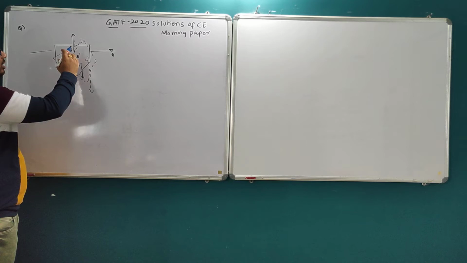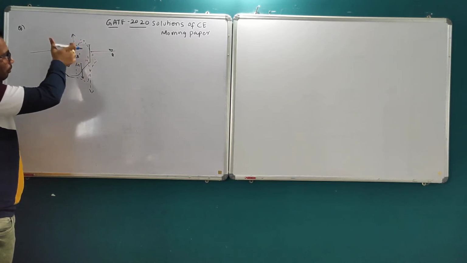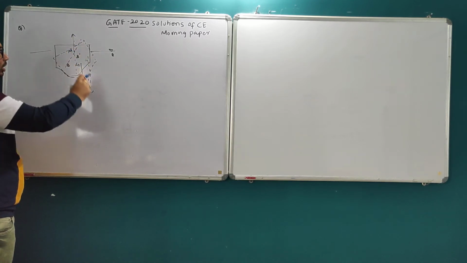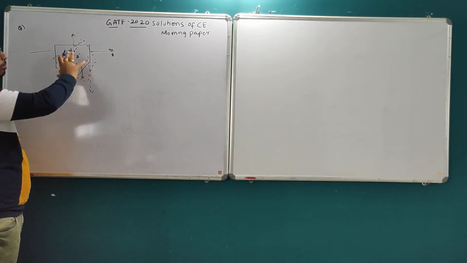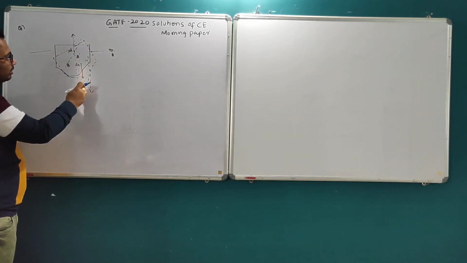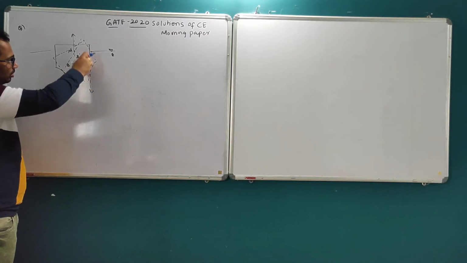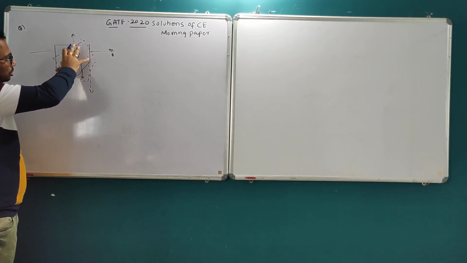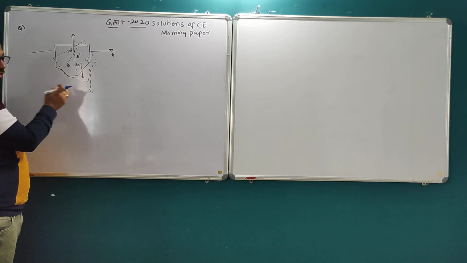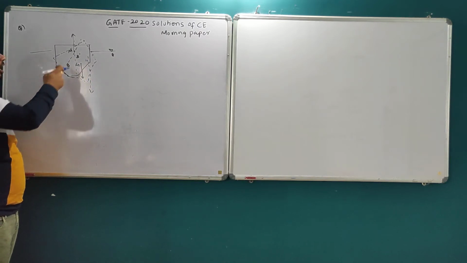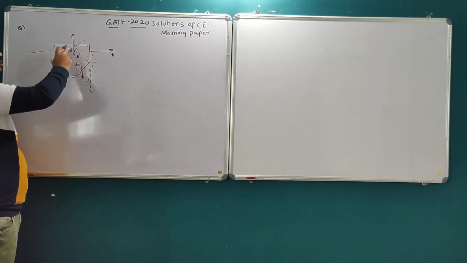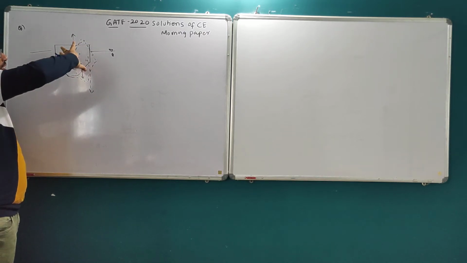Okay. Now what is happening? It is creating a couple, which is making it stabilize. This tries to move the ship in a clockwise direction. This moment will cause a clockwise moment, and this one will also cause a clockwise moment, so it's a clockwise couple.